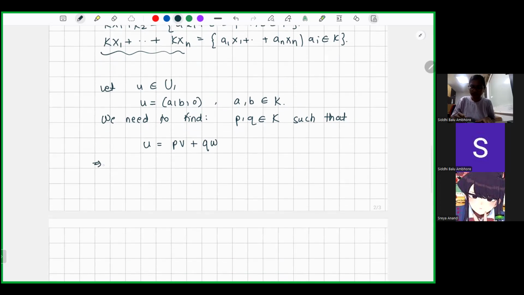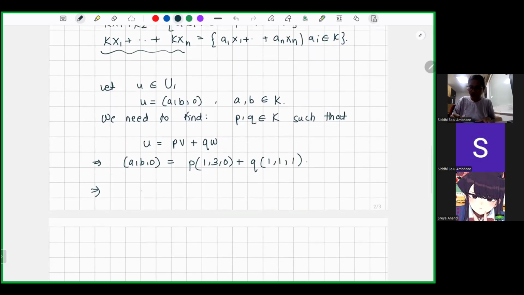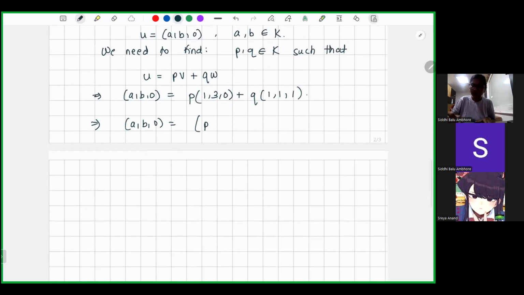So what does this mean? I need to check whether (a, b, 0) is p(1, 3, 0) plus q(1, 1, 1). If I multiply and combine, I get (p plus q, 3p plus q, q).